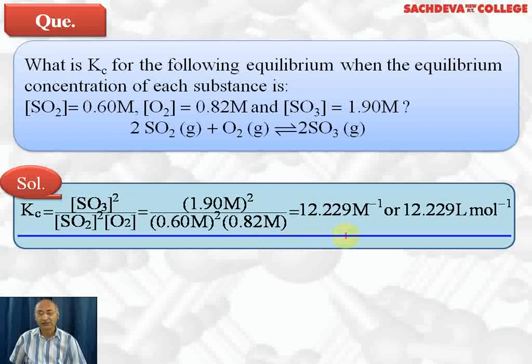Now, how to calculate this unit? Here we will have moles per liter whole square, and here we have moles per liter whole square, which will get cancelled. And here we will have moles per liter which will go up and become liter per mole. So the unit of the Kc will be 12.229 liter per mole or molarity inverse.